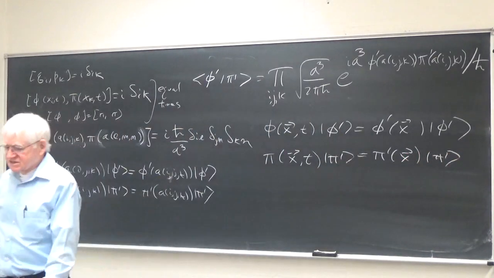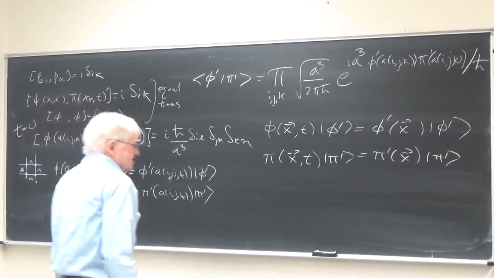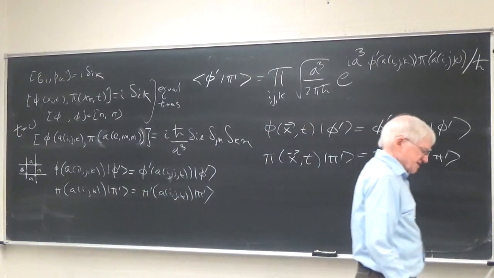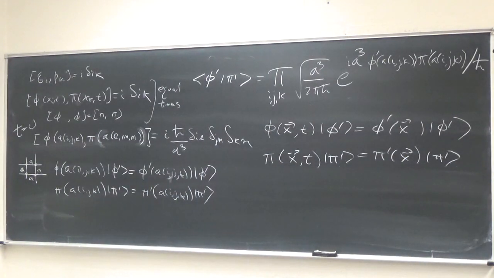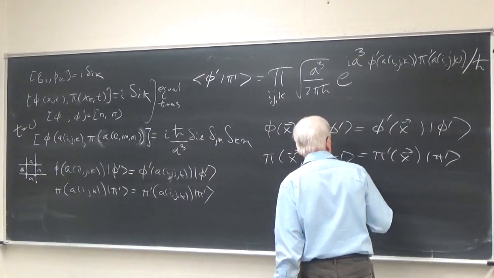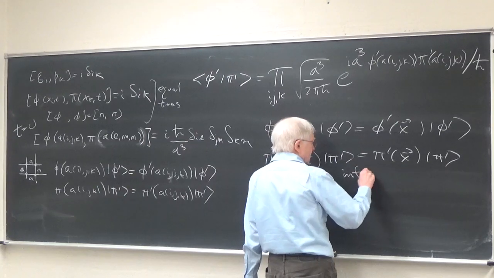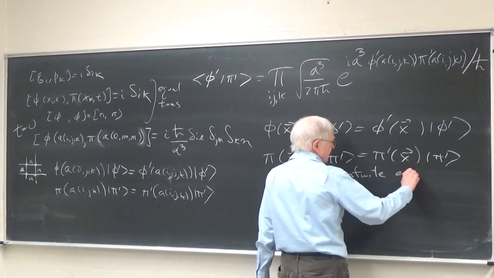Now, these eigenstates of the field operator and the momentum operator at a given time are like the Q and P eigenstates that we start with in quantum mechanics. And these are states of infinite energy. So these are very unphysical. These are mathematical states as opposed to physical states because they have infinite energy.